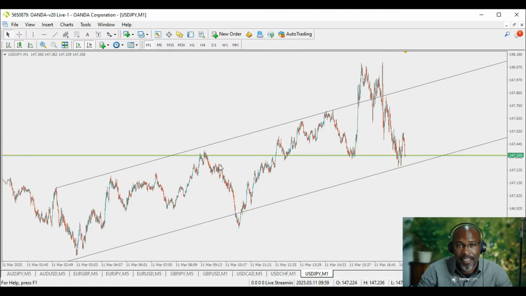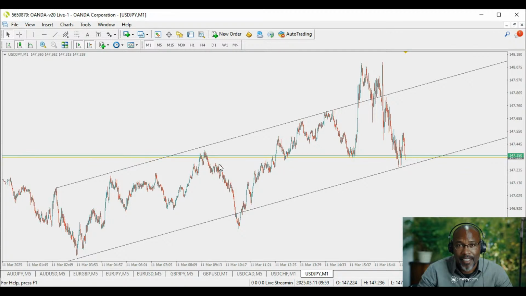10-minute price flow is also bearish. So it is breaking through support, the 4 1/4 minute support.